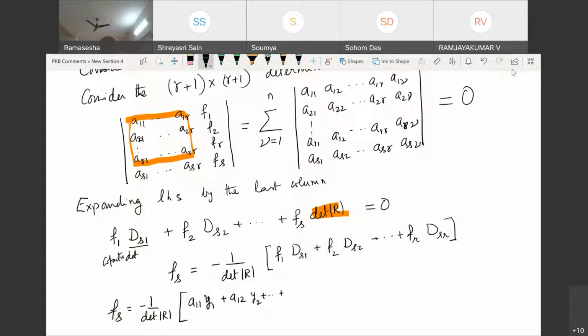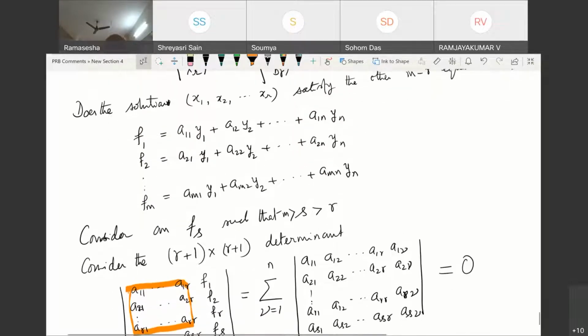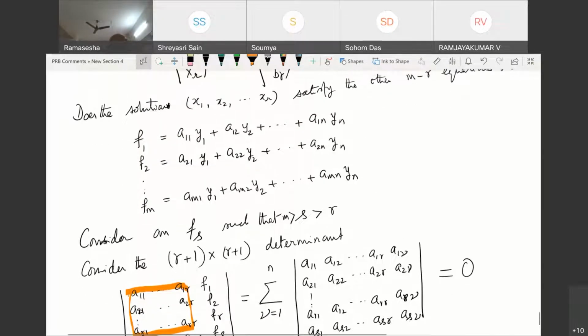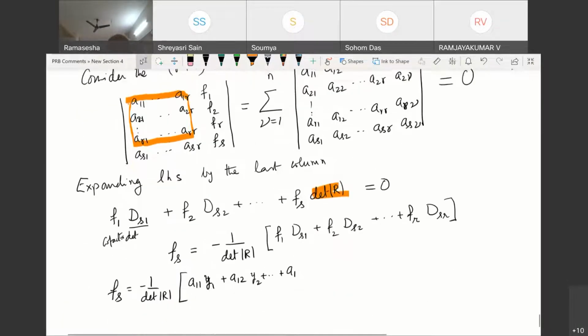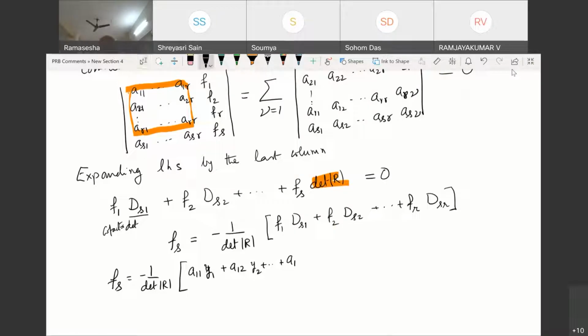That's what I had taken. So you see the definitions, F1 to Fn, I have the definitions there on top. So I'm just taking the same thing here and substituting, this times ds1.